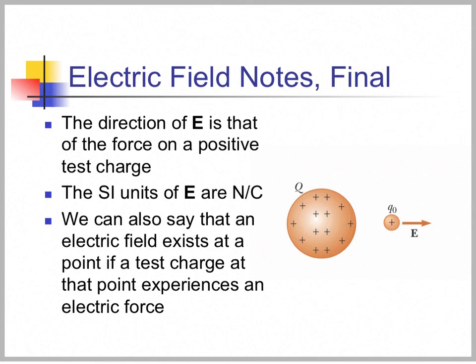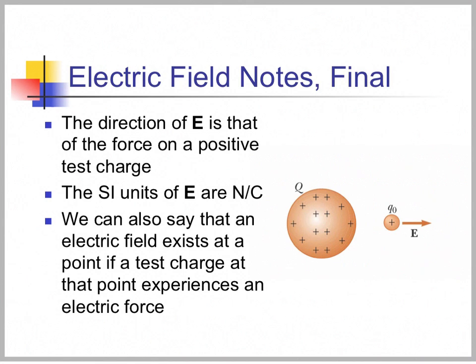So if we look over here, we see this charge distribution. It's creating an electric field. If it's positive, and I had a positive test charge, we know that like charges repel each other, so this object is going to go in this direction. So that would be the direction of the electric field.